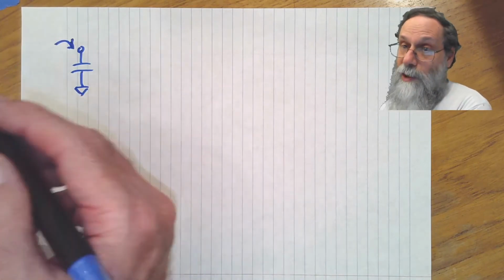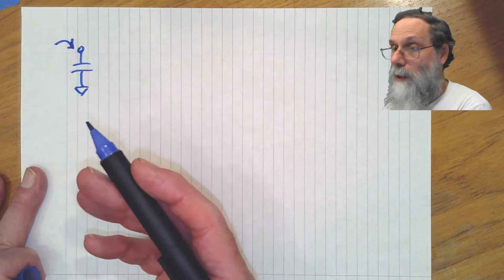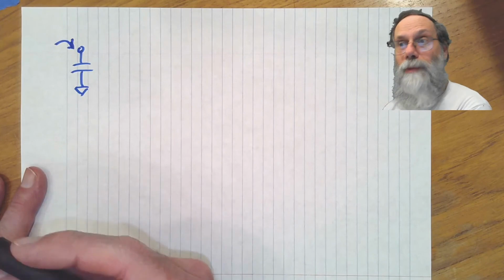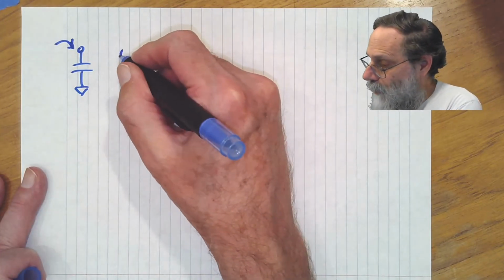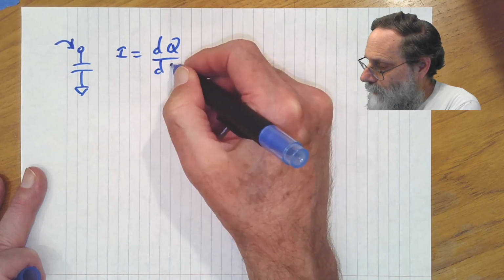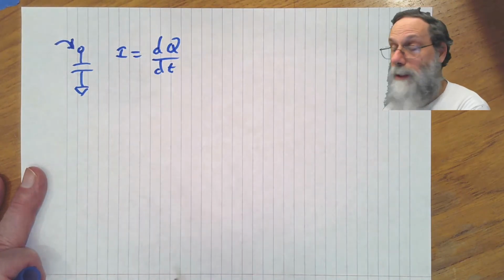If we take current out, the charge will decrease. The charge is basically the integral of the current, or turning it the other way around, the current is the derivative of the charge with respect to time.